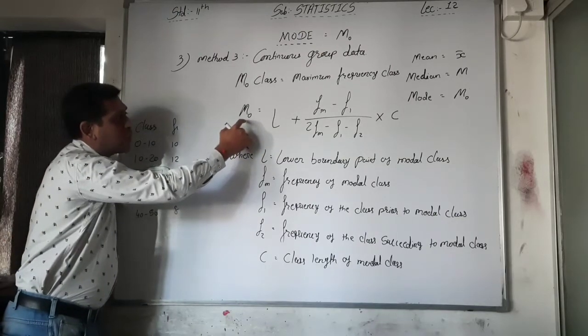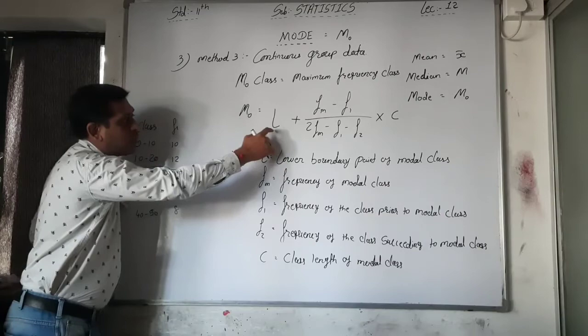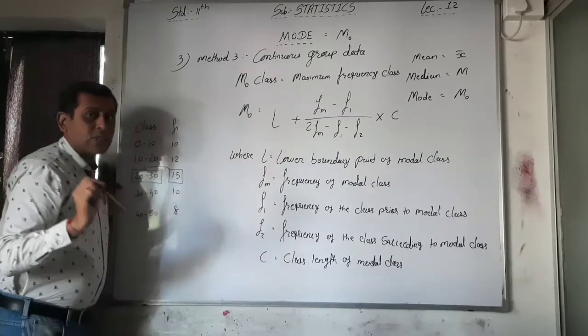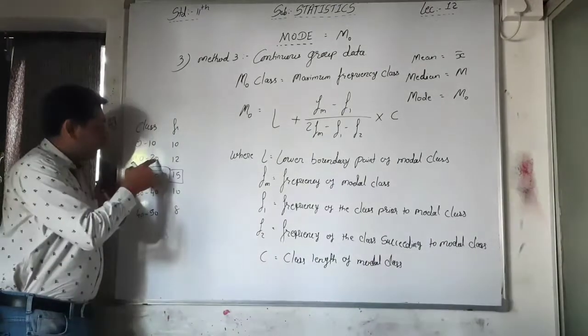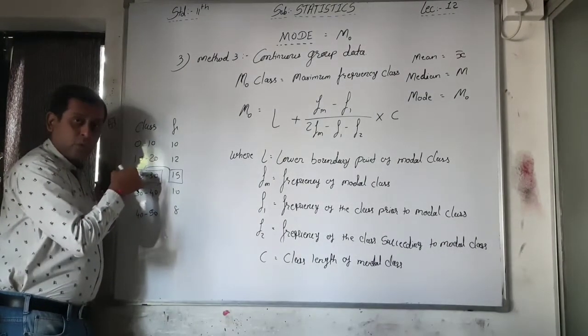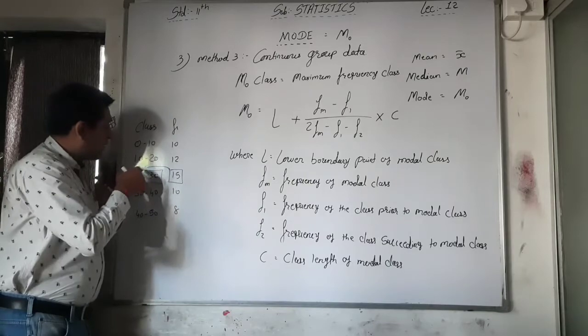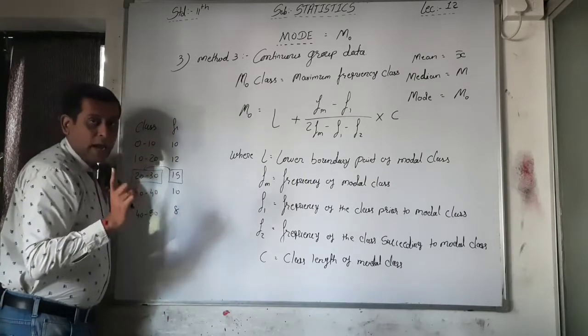Then you have to use this formula, that is MO is equal to L plus. L means the lower boundary point of the modal class. See here it is 20, exclusive data, that's why 20 is your L here.